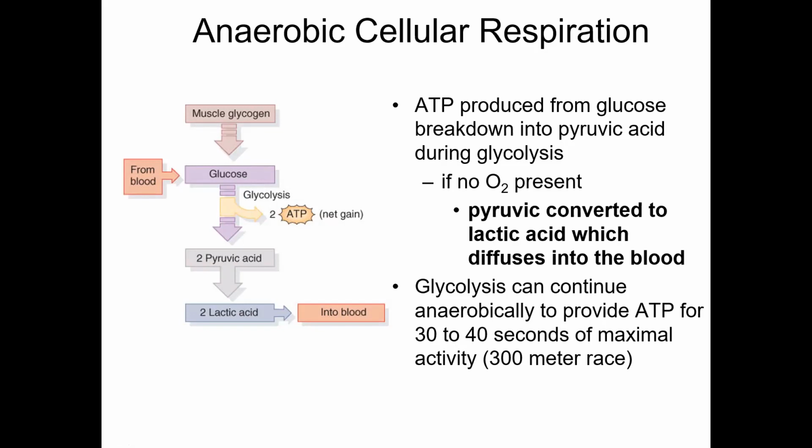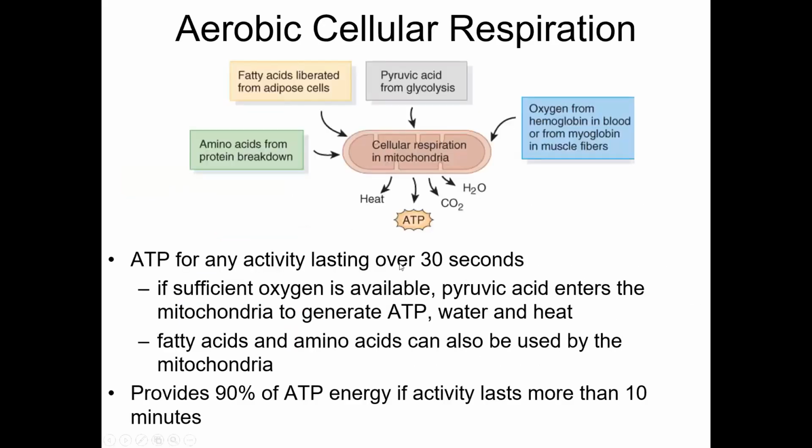Again, if you think about muscles that provide standing or sitting posture, those muscles need ATP much longer than 30 to 40 seconds. And so here is the solution: long-term, large amounts of ATP. Over 90% of our ATP is produced in muscle cells by mitochondria. They are very efficient, and not only do they use the pyruvic acid, they can use amino acids and fatty acids.